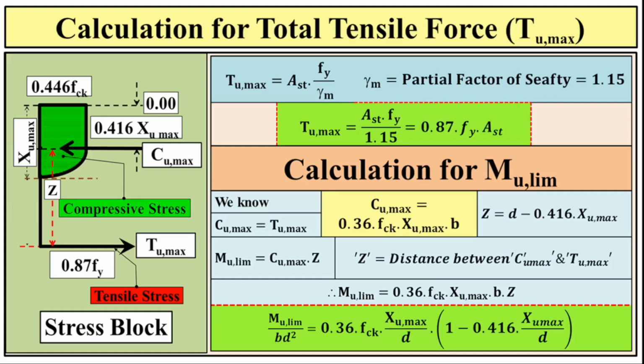By rearranging and simplifying, we obtain Mu lim by BD square equals 0.36 FCK xu max by D into 1 minus 0.416 xu max by D. This relationship is highlighted in the green cell with the red dotted border at the bottom of the diagram. Next, we will discuss the calculation for the limiting percentage of steel, PT lim.